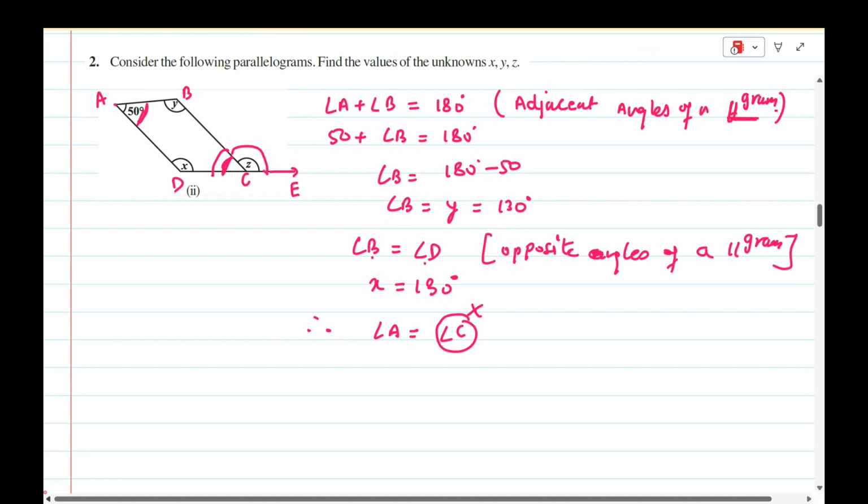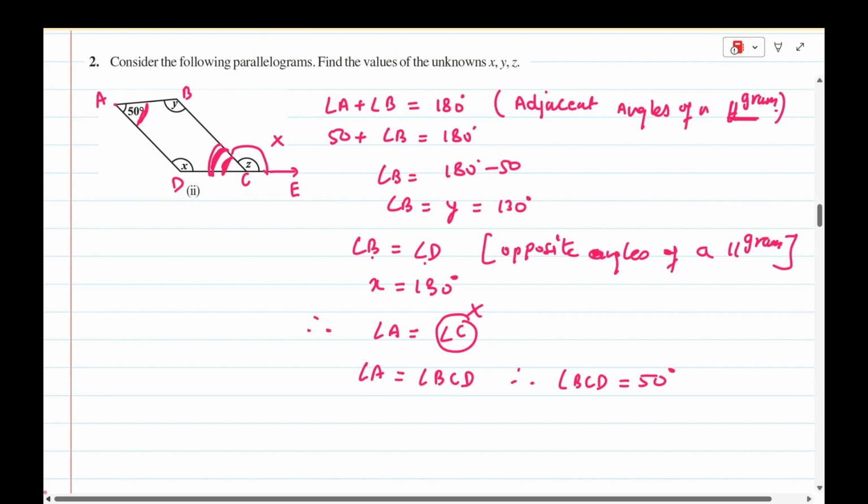So instead of writing angle C, I have to write angle A is equal to angle BCD, because I'm mentioning this specific angle this side, not this. Correct? They are equal. So as angle A is 50 degrees, therefore angle BCD is also 50 degrees.